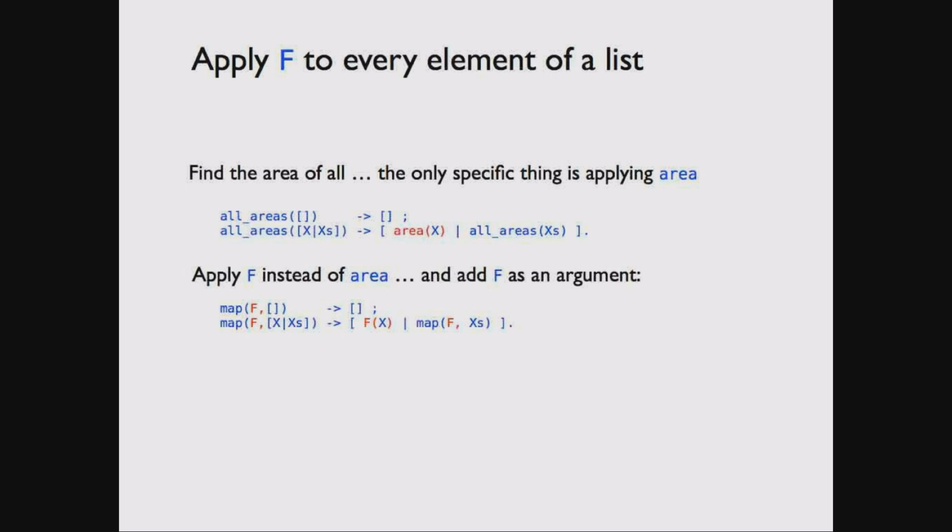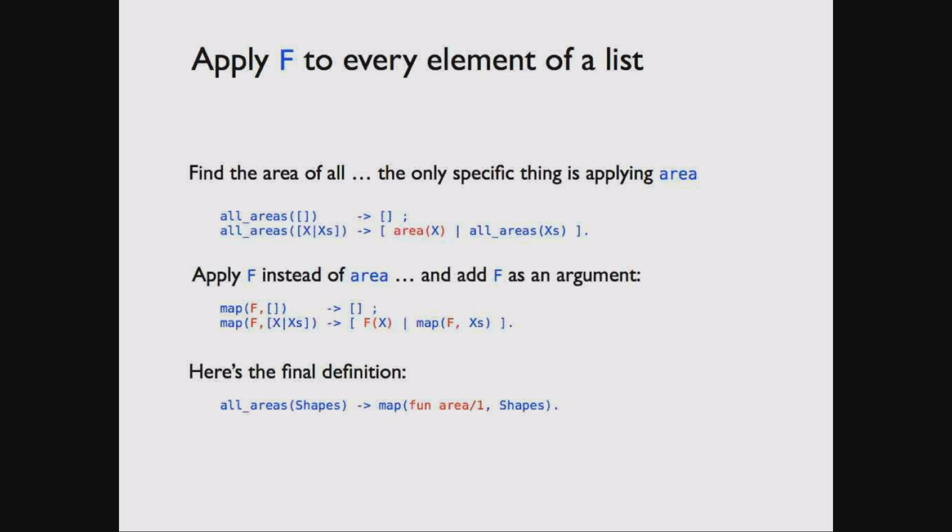Now, how do we reconstruct our original function? Well, the answer is we get all the areas applied to a list called shapes by applying map to, as a second argument, shapes. But here you see the first argument is the area function. Now, the notation we use here is slightly different than you would see in other languages. We don't just write area, the atom here, because even though it's a name of a function, it is in fact an atom.